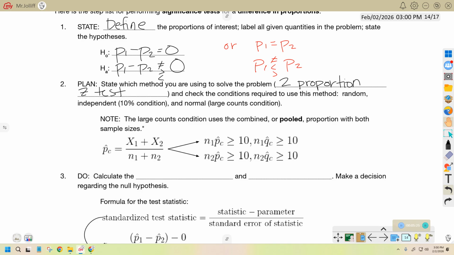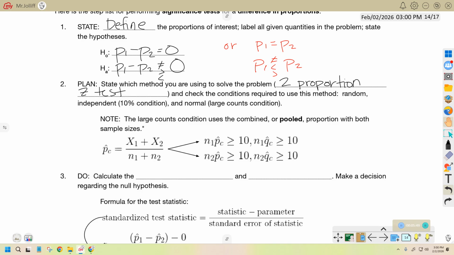So the pooled proportion is the total number of successes for both groups over the total sample size for both groups. And if you use the pooled proportion, it's then N1 PC and N1 QC, and then N2 PC, N2 QC.